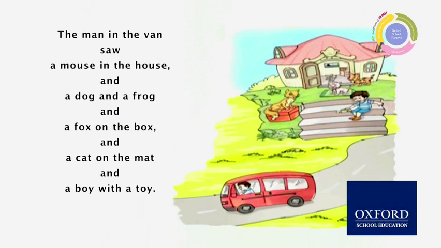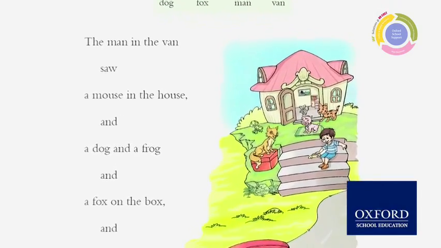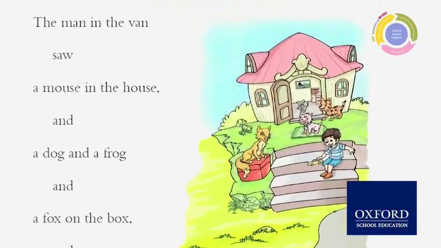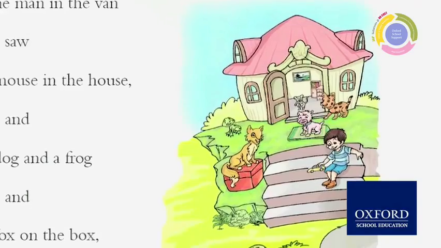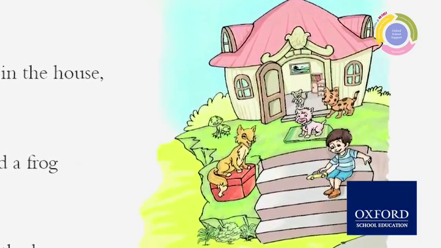And the rhyming words, man, van, mouse, house, dog, frog, etc., and the rhythm help the children to remember the text. And of course, the colour pictures that accompany the text help the children to remember the text and understand. They scaffold or support the learning.